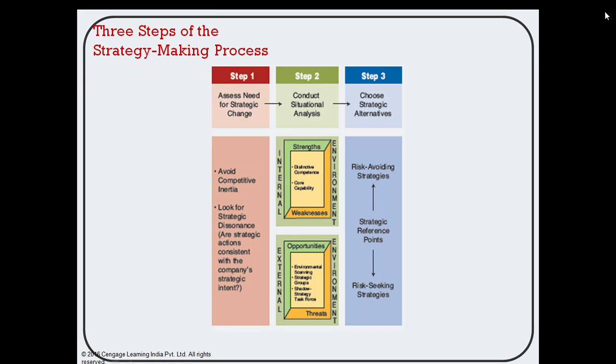What are the strategies you can take to protect your existing competitive advantage? Do you have a need to avoid the risk, or do you have a need to seek the risk? Who are the risk avoiders and who are the risk seekers?